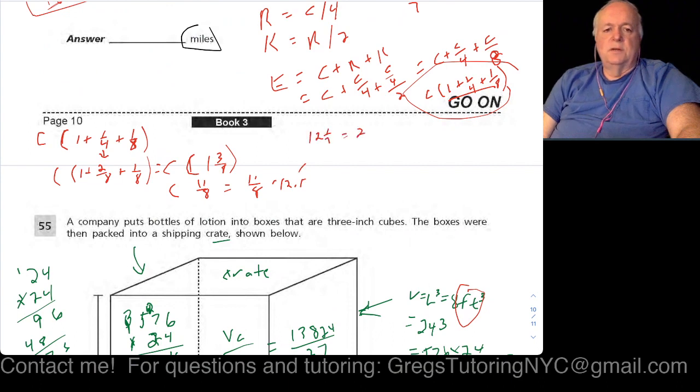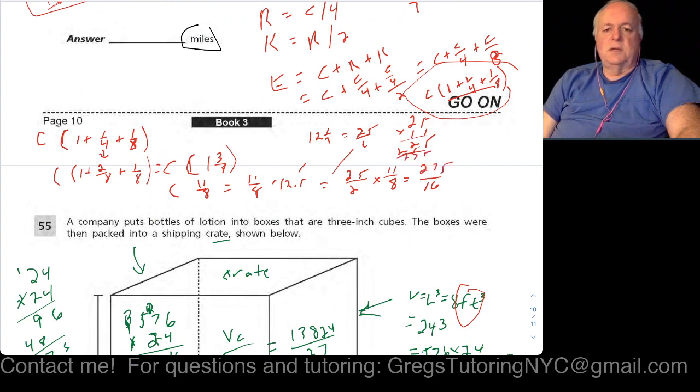We have 25 halves times 11/8, which is going to give us 16 at the bottom, and we're going to do 25 times 11. So we get 275 over 16. I think we did that earlier, but we can certainly do it again.